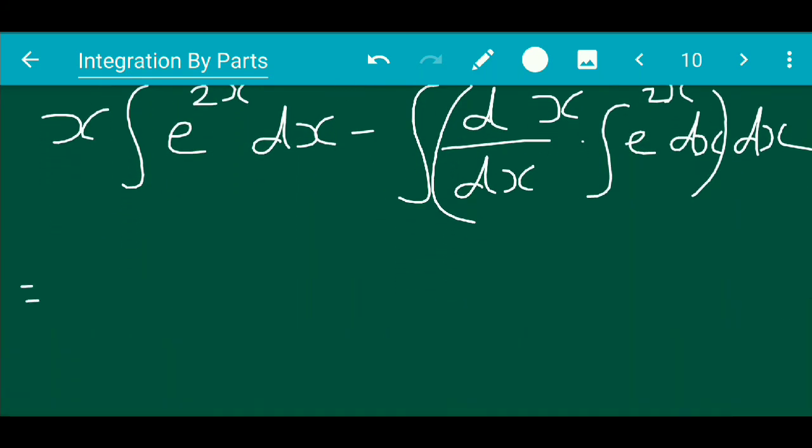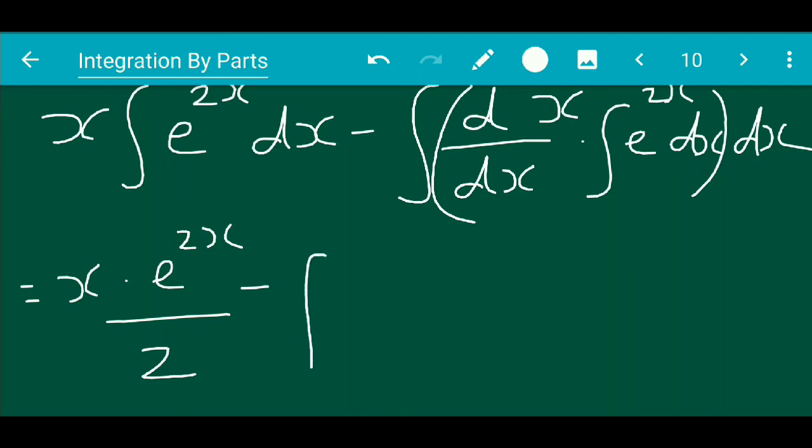Then we get x into e raised to 2x upon 2, minus, this becomes d/dx of x is 1, and so we get e raised to 2x upon 2.